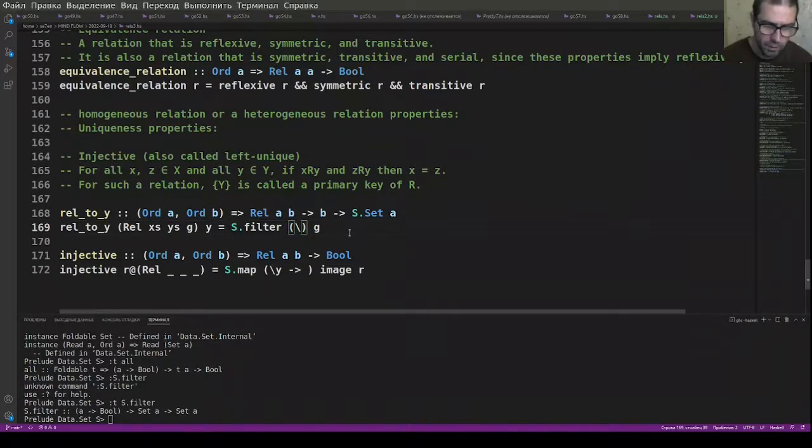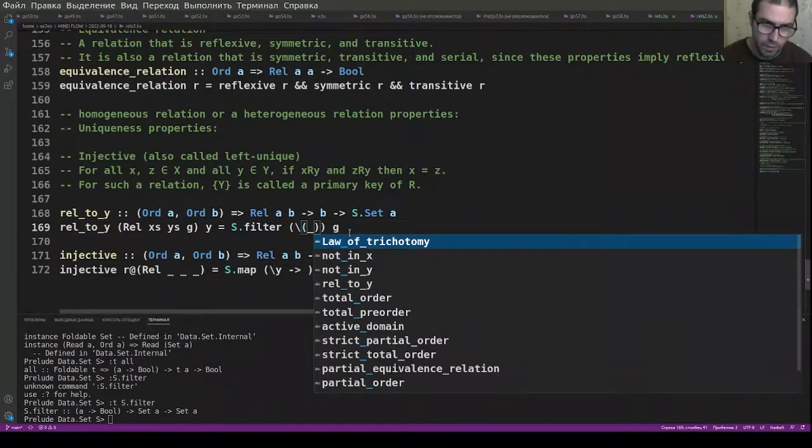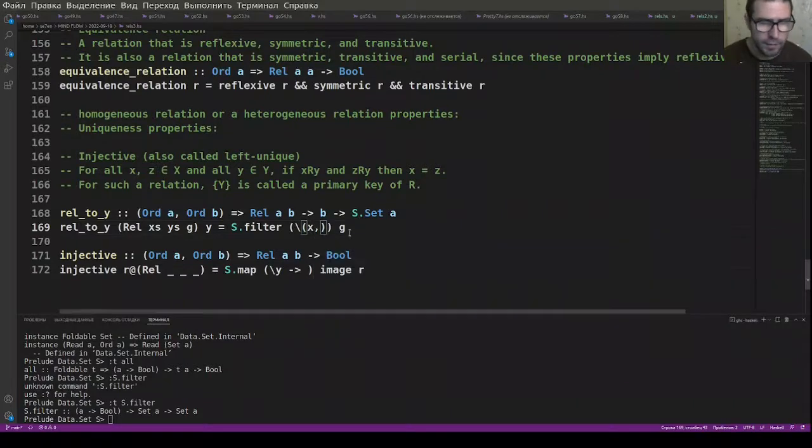We have this element x and y, and they need to filter only the y's that are equal to our y. I think like this.